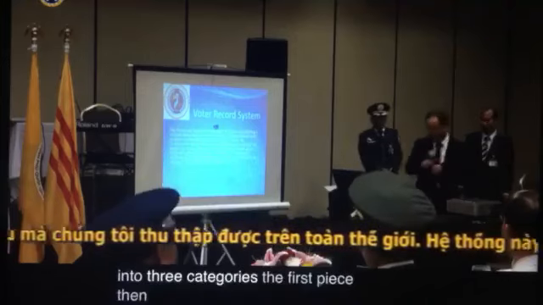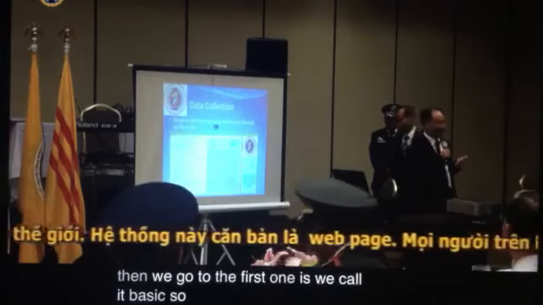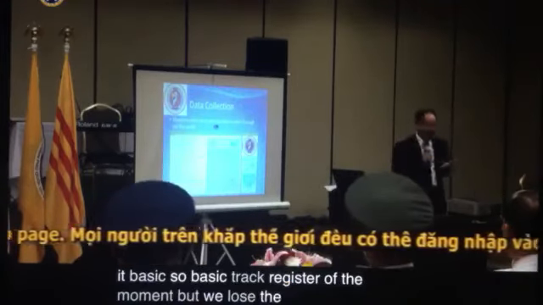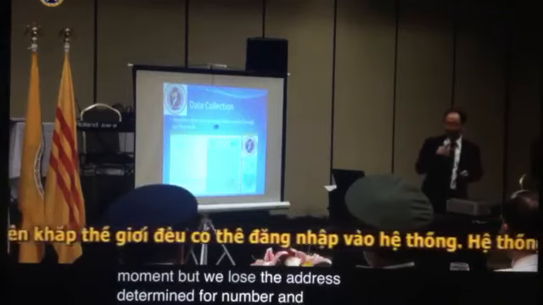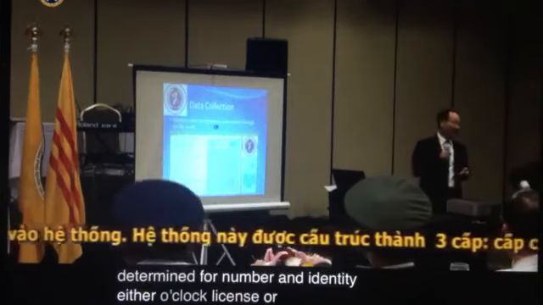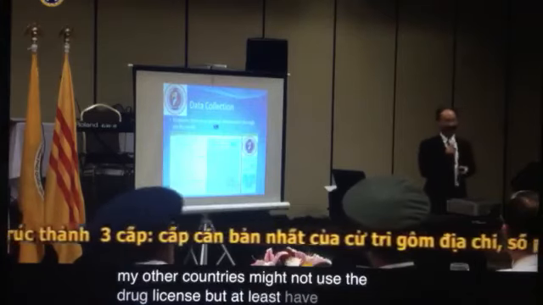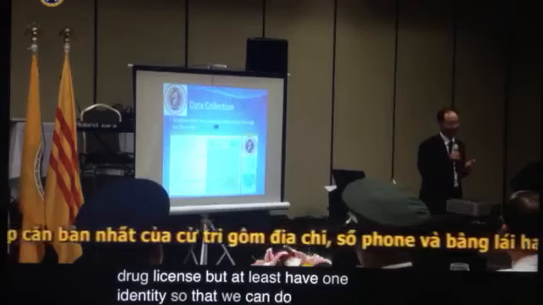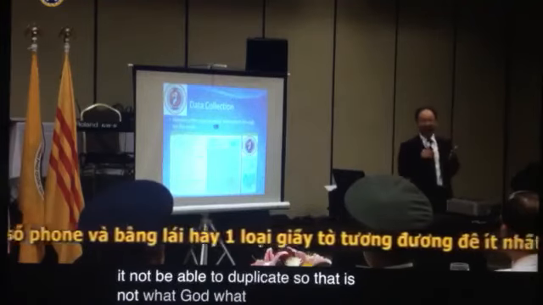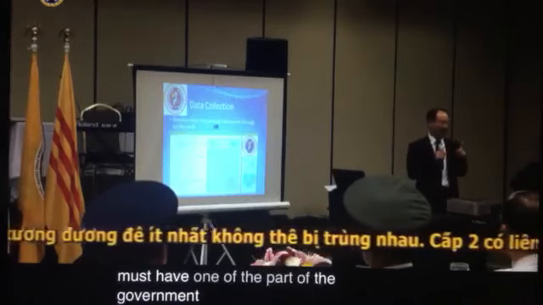The first one we call basic. It is a basic register of the voters that will include the address, the name, phone number, and an identity, either a driver license or whatever, since other countries might not use the driver license, but at least one of the identities so that it cannot be duplicated. That's what we intend to do, and that's why we must have one form of government ID.